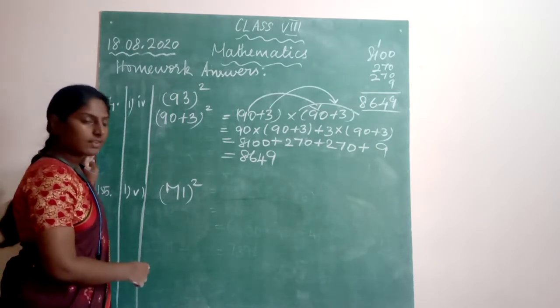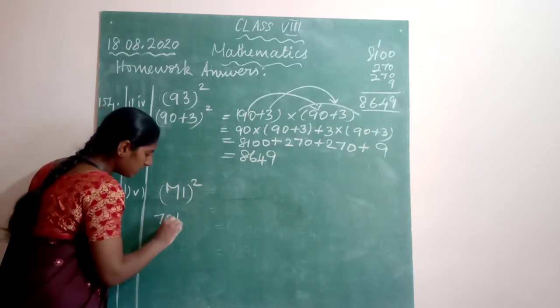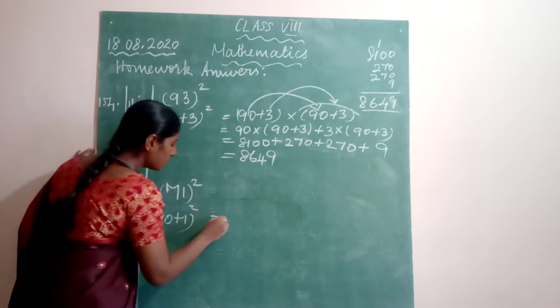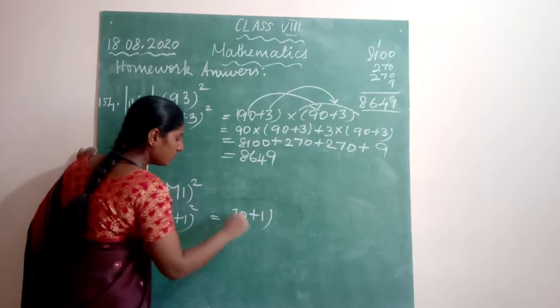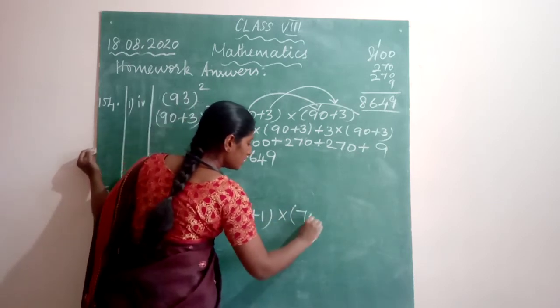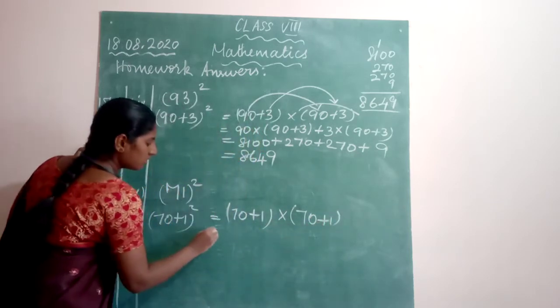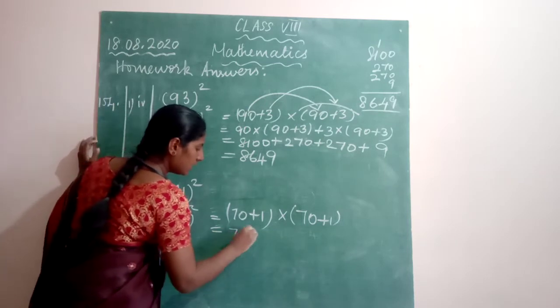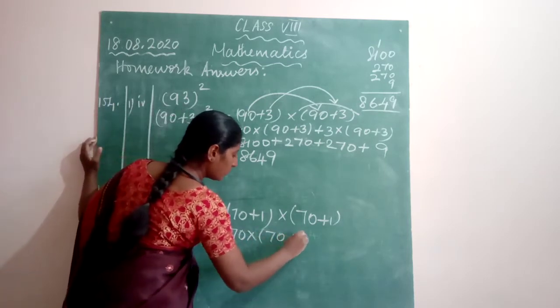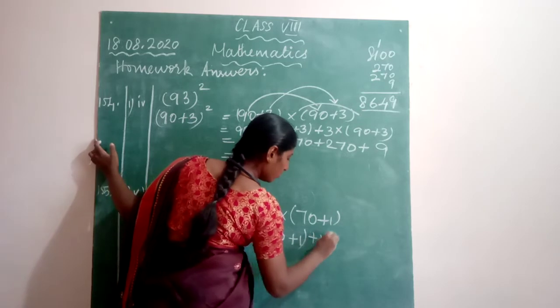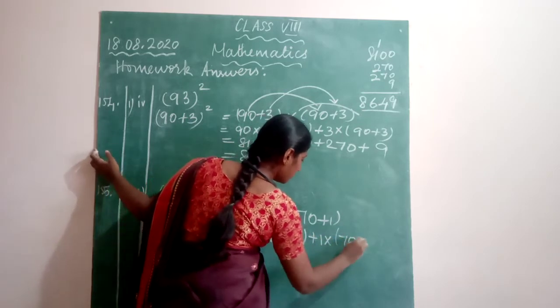Next you have 71 square. This can be written as (70 plus 1) whole square, that is equal to (70 plus 1) into (70 plus 1). So you have 70 into (70 plus 1) plus 1 into (70 plus 1).